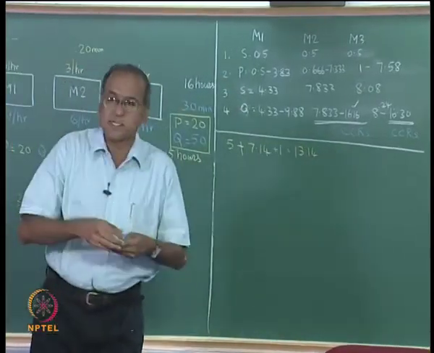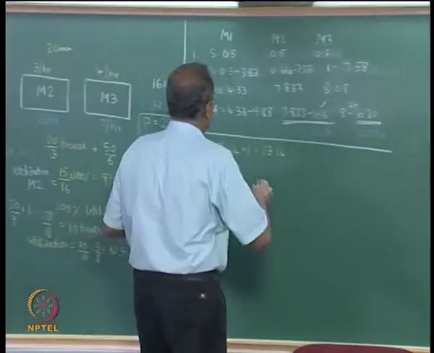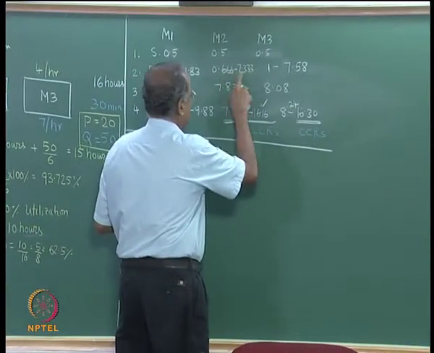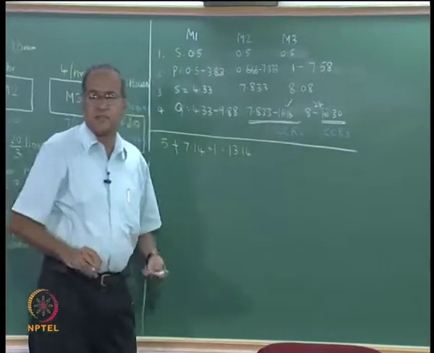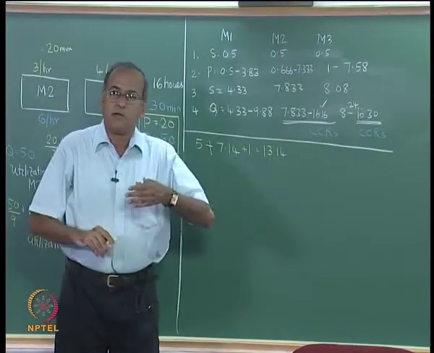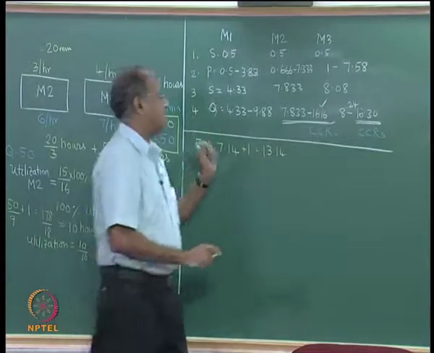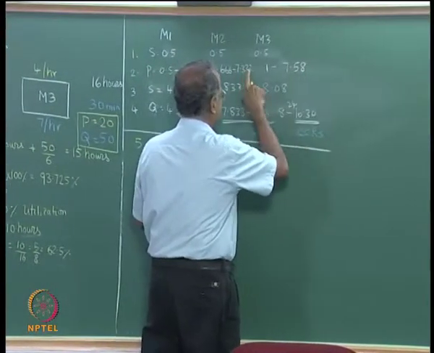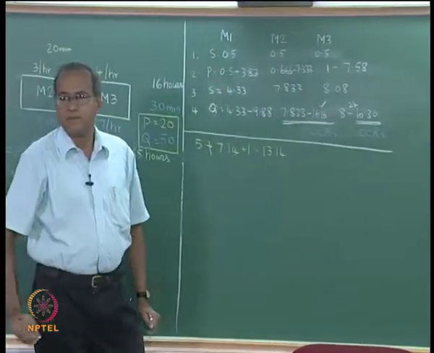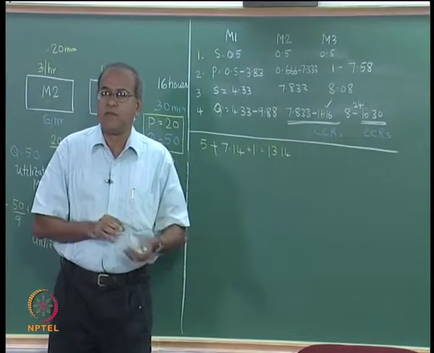So, one other thing that is possible is, while this is producing from 0.666 to 7.33, now we can produce 10 pieces of this as it comes.